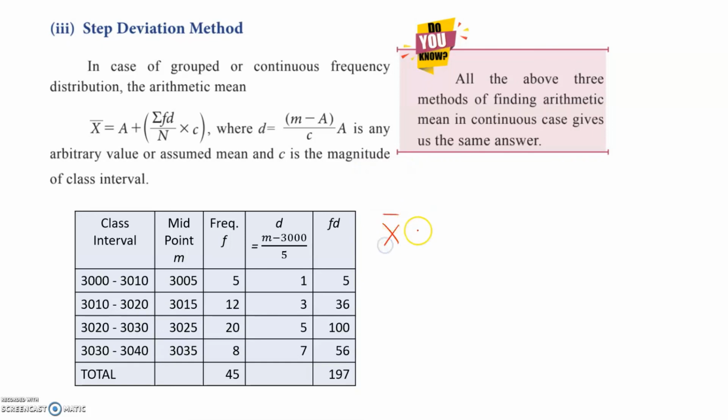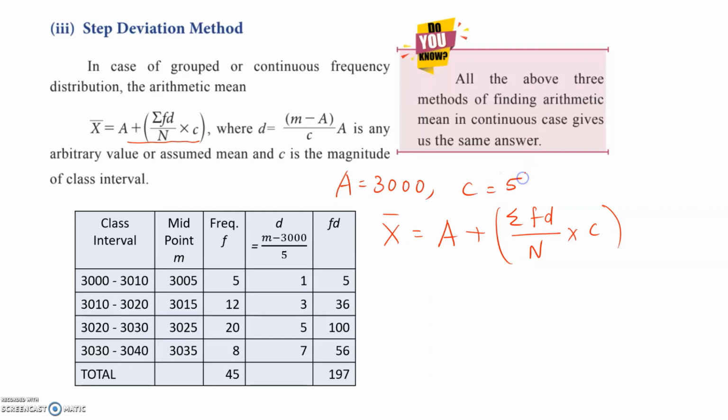So our mean, arithmetic mean, is given by the formula A, which is here, plus sigma FD by N times C. It's a very simple logic. We first subtracted 3000, then divided by 5. So here we're going to reverse the process. We're going to first multiply it with C, which would be 5 here, and then add 3000, which is A. So our A here is 3000 and C is equal to 5.